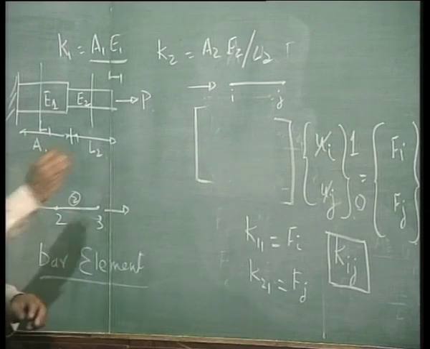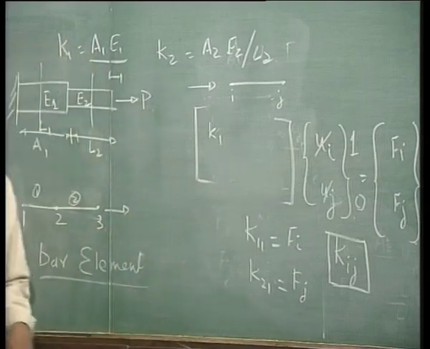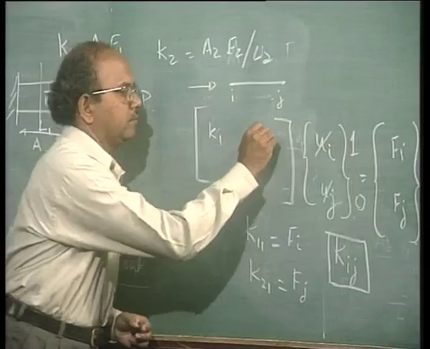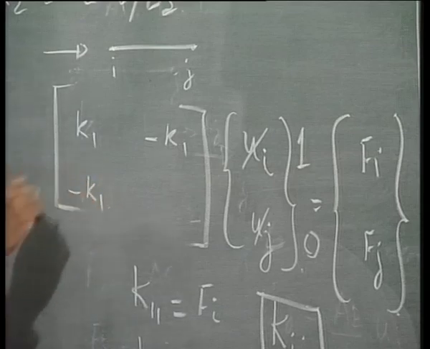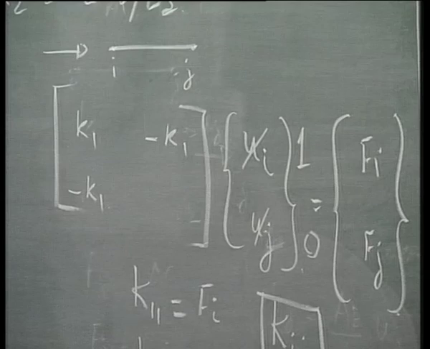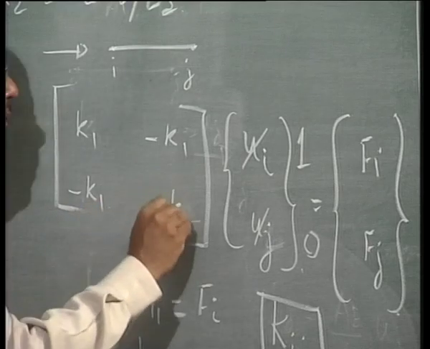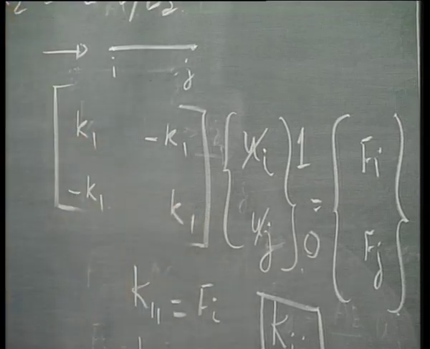So how does it look like? It will be K1, minus K1, K2 does not come here. We are only looking at the first element, minus K1 and again K1.